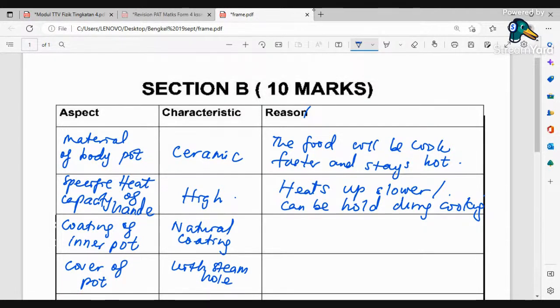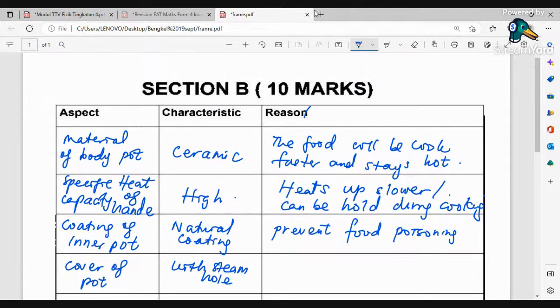Coating of inner pot. Okay, sebab kita tak nak dia kalau sintetik, takut nanti dia come out, jadi cause the food to spoil.